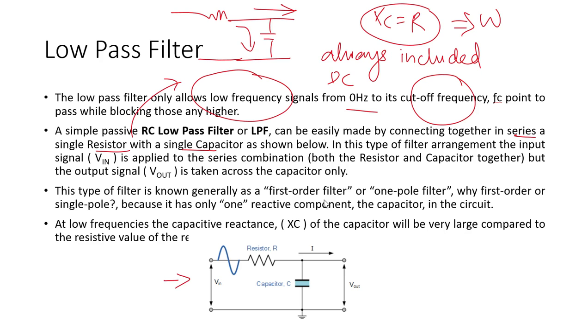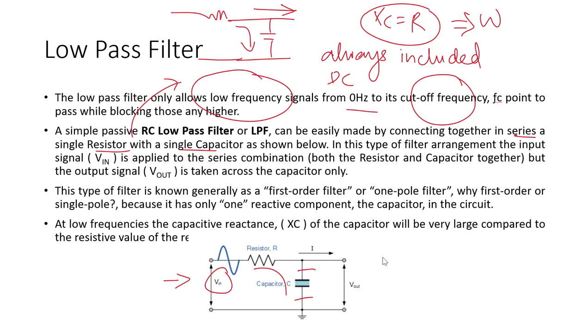In this type of filter arrangement, the input signal Vin is applied to the series combination of this resistor and this capacitor, but the voltage is always taken from the capacitor. So the capacitor terminals are connected to the output side, and the output will not have high frequencies.